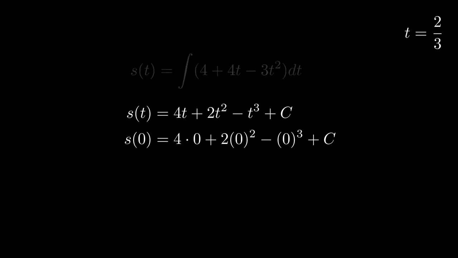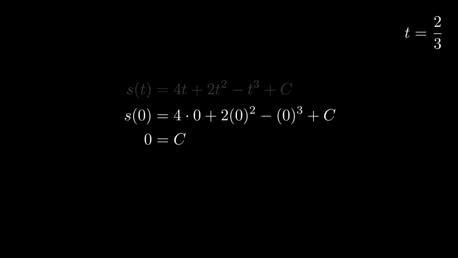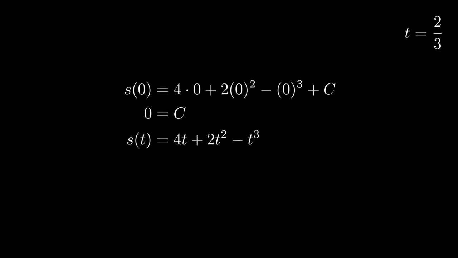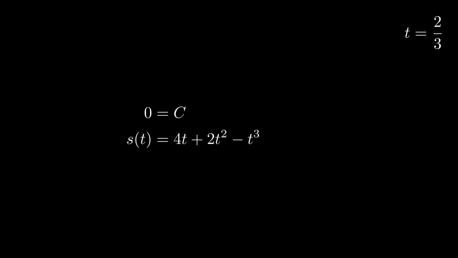We also know that at the initial time, we're told that the particle starts at the origin, so its position is at 0. So the distance is 0, and that means that c is 0. Now we have a final expression for the distance. Then for the second part of A, we need to just calculate this when t is 2/3.